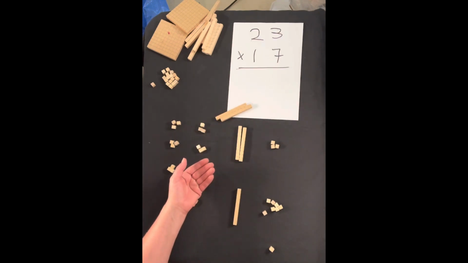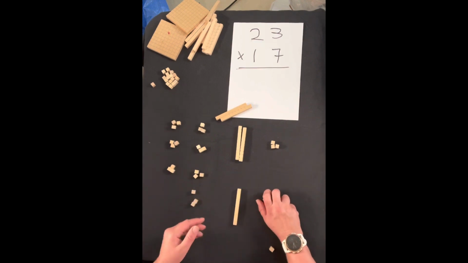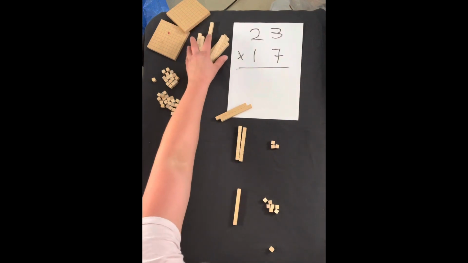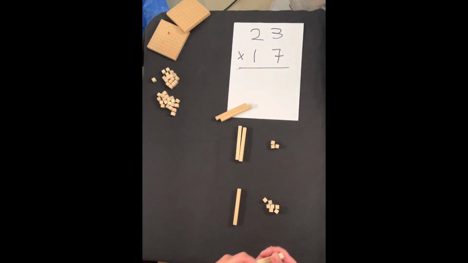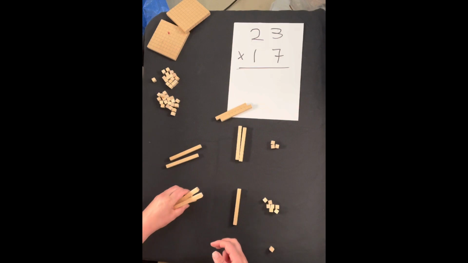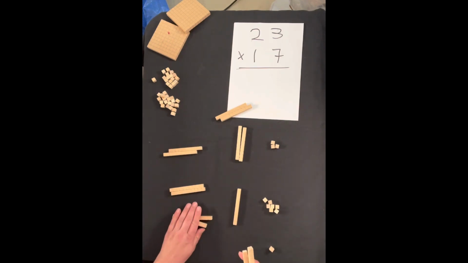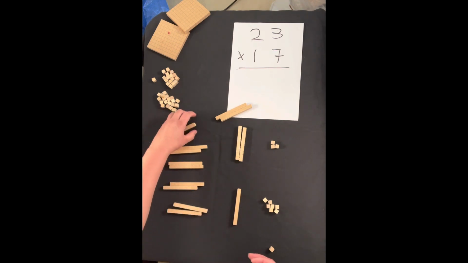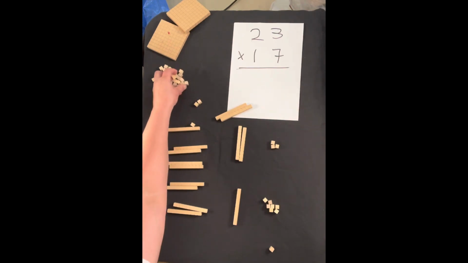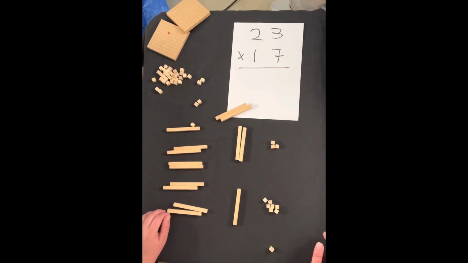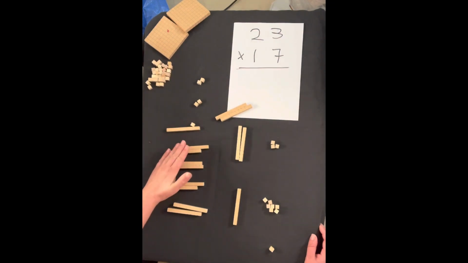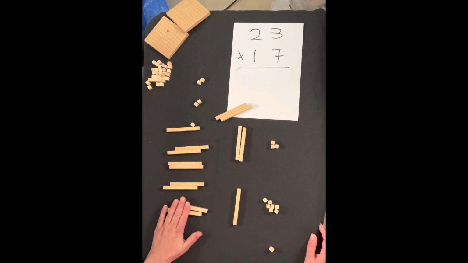That's my extra 20. Next, we've got our 7 groups of 2 for our 10s, which is actually now 7 groups of 20. Now, I don't have enough 10s. I haven't thought this out well. But there's 3, 4, 5, 6, 7, and straight away kids can go, there's 20, 40, 60, 80, 100, 120, 140.